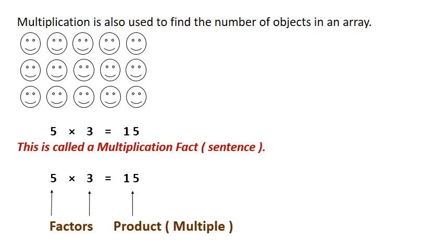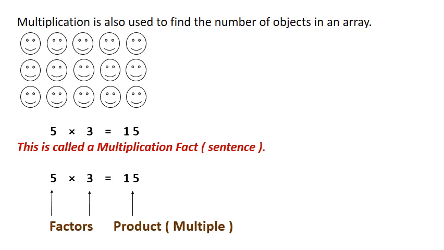Here for an example, few figures are given to you. Now there are 5 rows and 3 columns. Now 5 multiplied by 3 is equals to 15.